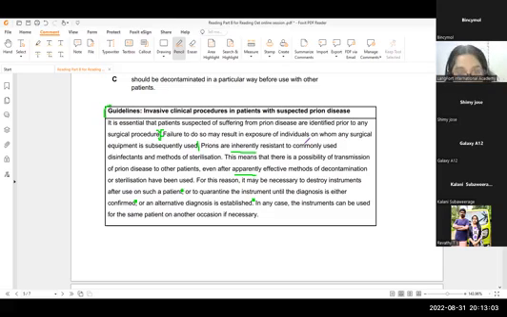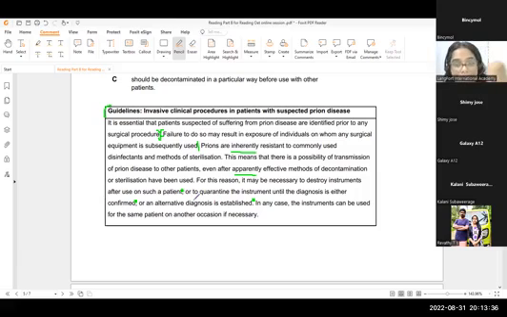So now they're saying that is why it may be necessary to destroy instruments after use on such a patient. If you find out that your patient has the disease, you need to destroy such equipments, or what you can do, you can quarantine. You can keep the equipments in quarantine until the diagnosis is confirmed, or if you figure out that prion disease was not the case, the condition was something different.